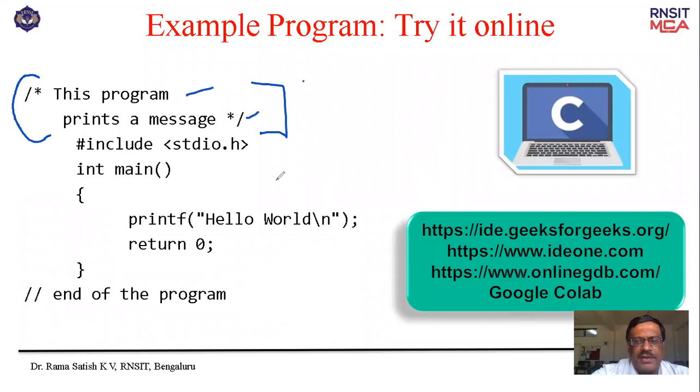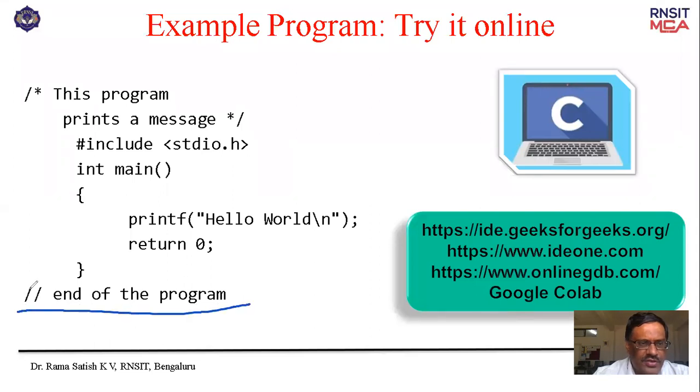It's a short explanation about the program, and you call it a comment. You can also write a single-line comment with a double slash. If you use slash star and star slash, it is a multi-line comment. There are 2 types of comments. Comments are very important.